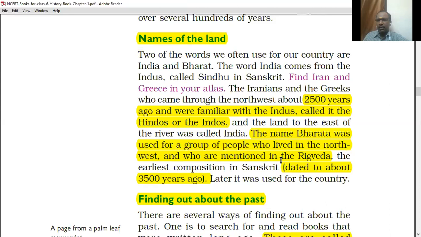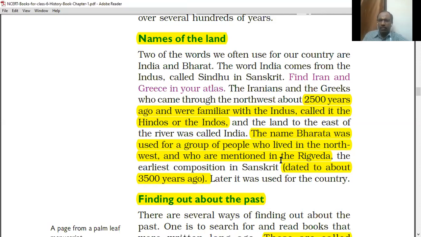The name Bharata was used for a group of people who lived in the northwest and who are mentioned in a very old Indian religious text, the Rig Veda. The earliest composition in Sanskrit, from 3,500 years ago, the Rig Veda mentions this country, Bharata. And even today we call it Bharat.